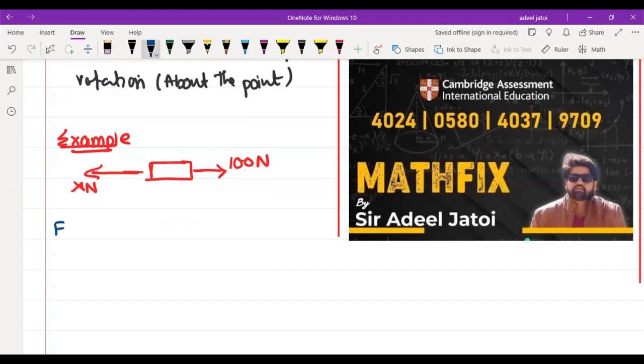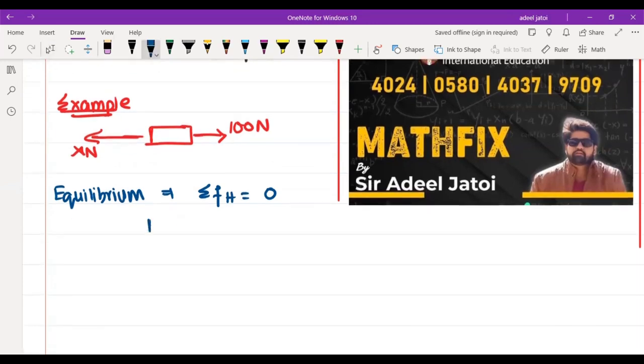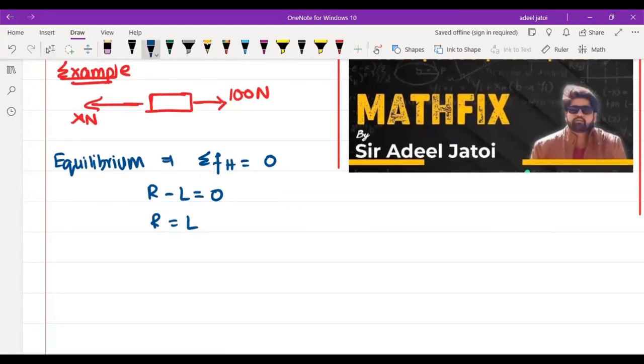So the summation of forces should be equal to 0, which means right minus left should be equal to 0. Or we can even say right should be equal to left. So x Newton should also be 100 Newton, so that the object does not move. So the answer is 100 Newton to have the equilibrium state.